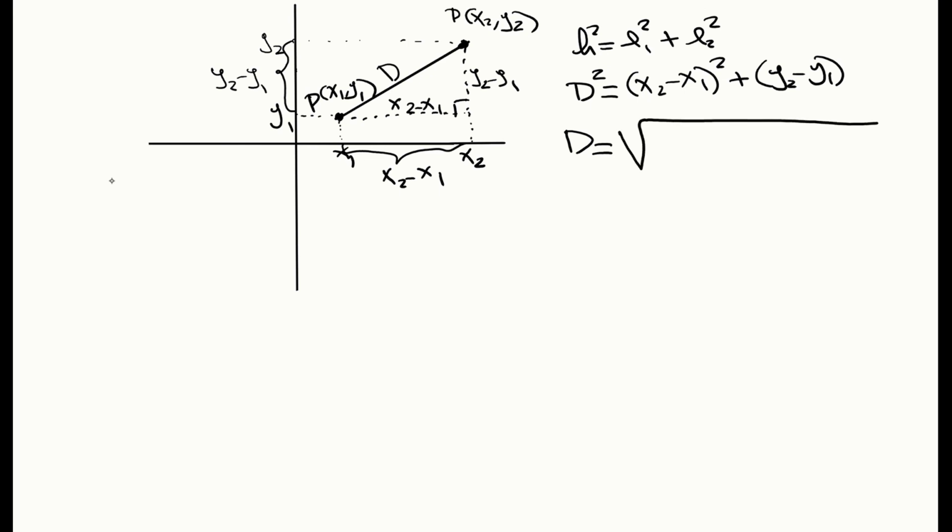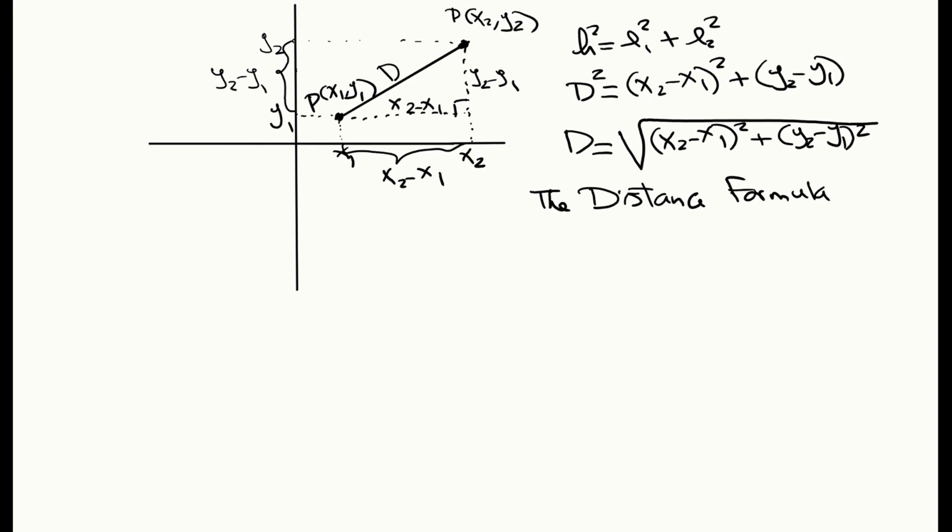So we're going to get d equals the square root of x2 minus x1 squared plus y2 minus y1 squared. And that right there is called the distance formula.